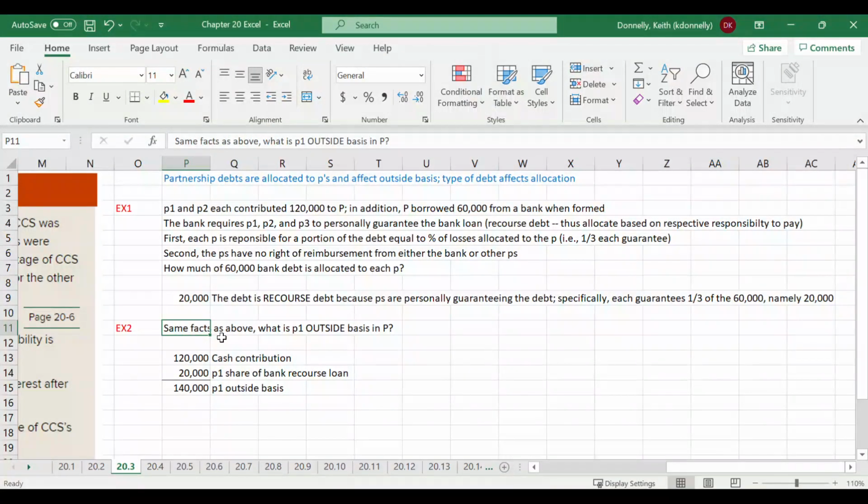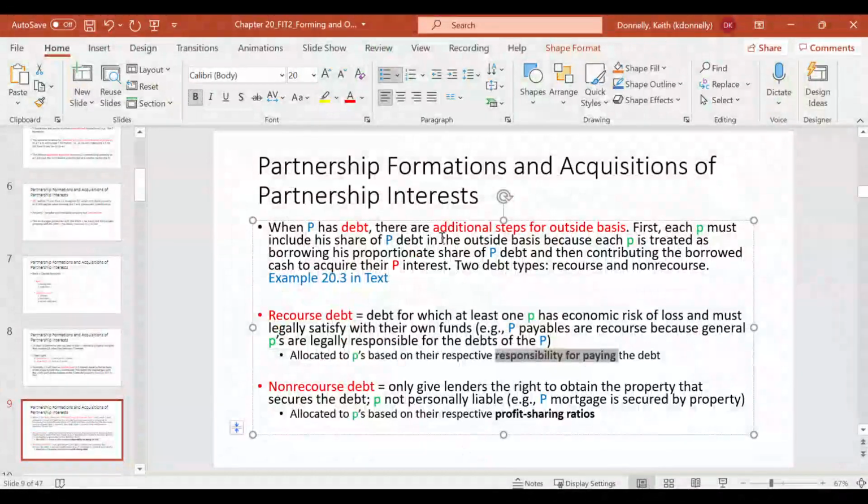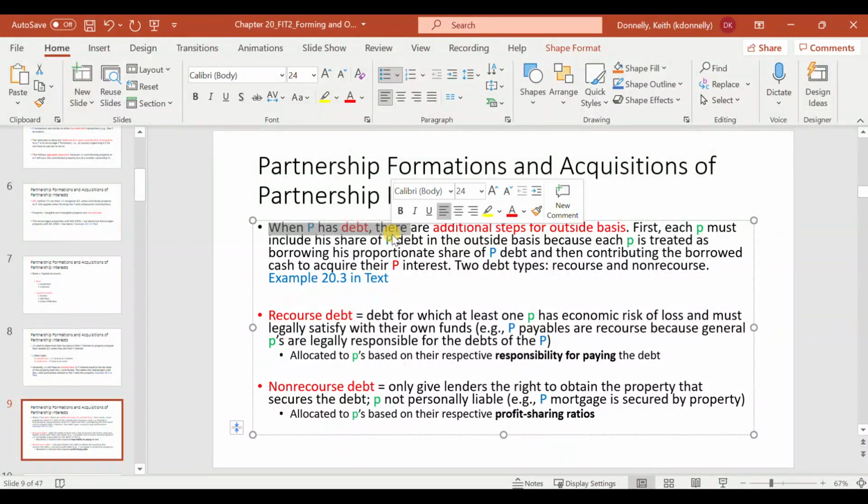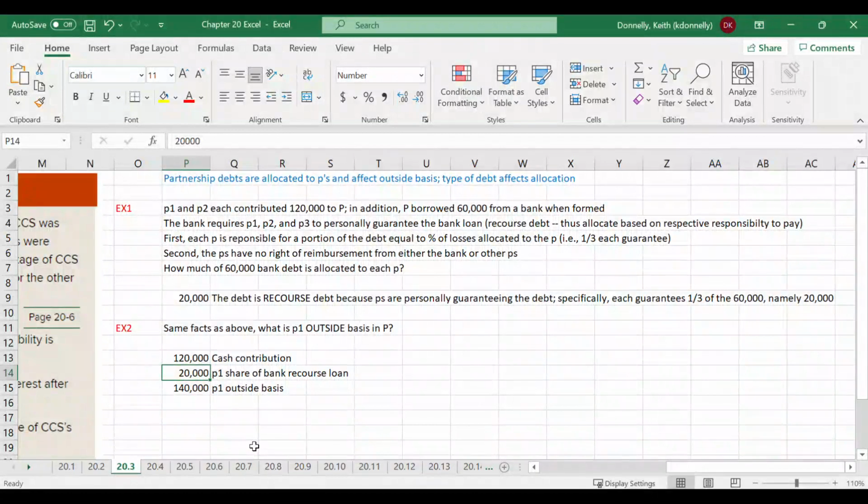So in this case, one of the things we have to be aware of is, as we indicated here, when the partnership has debt, there's additional steps. So in this case, we have to increase our outside basis for our share of the debt.